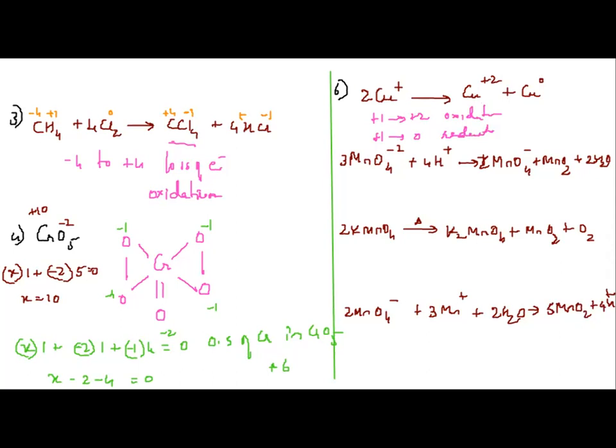Take the second option, MnO4 2-. Find the oxidation state first, say x. Minus 2 and 4 oxygens make minus 8, so that side becomes plus 8.